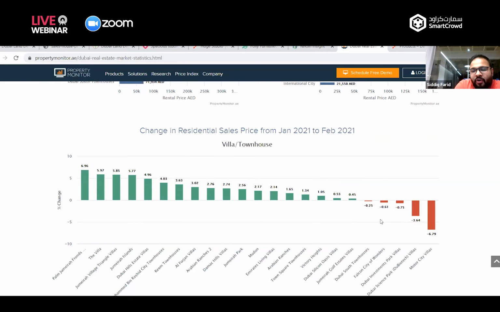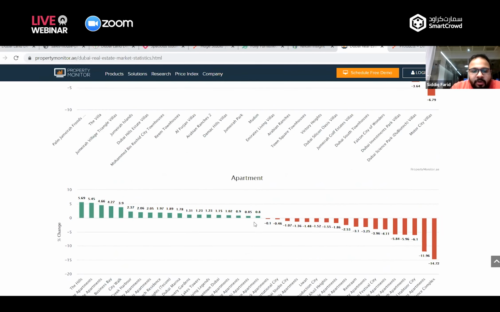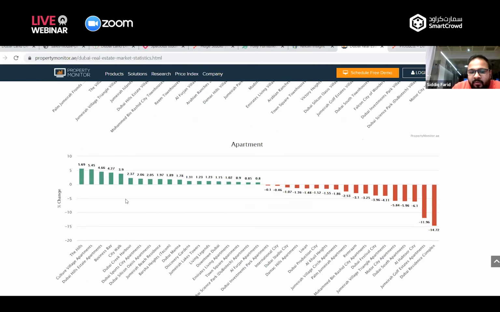So you want to see a trend of these things, not just rely on one particular month. Same thing with the apartments. You're seeing a lot of increase in certain areas, not so much in other parts, and you want to try to understand what's happening. This will give you a sense of supply, demand, etc.